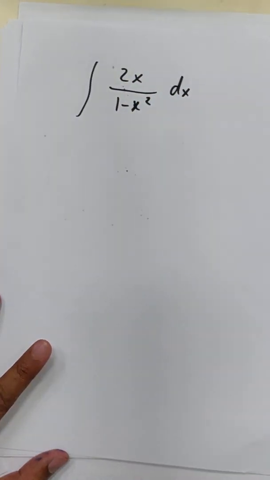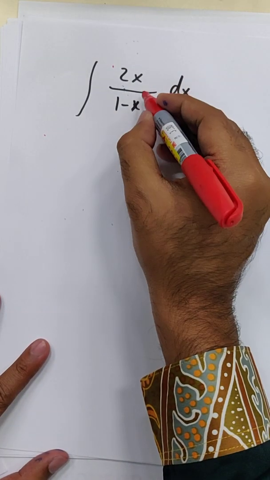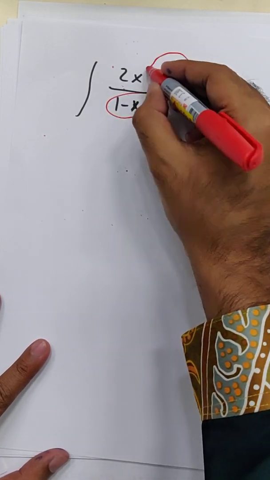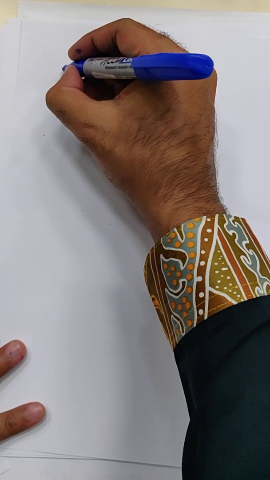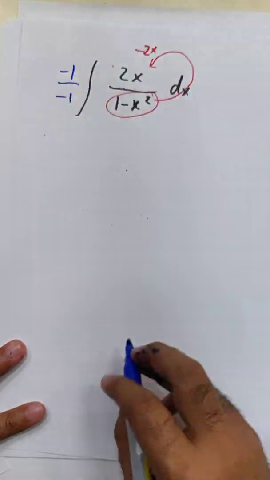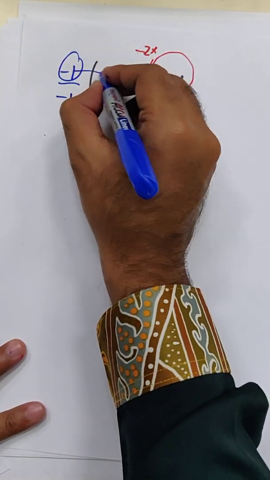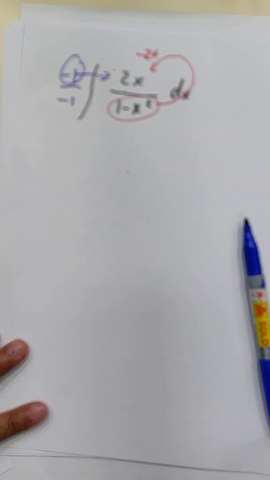Now what about this one? This one is a bit tricky, because if you differentiate this one, you get yourself negative 2x. How do I add negative? There are two methods on how for you to get the negative. Some people like to do it this way, negative 1, negative 1. Negative 1 over negative 1, so we put this one inside.